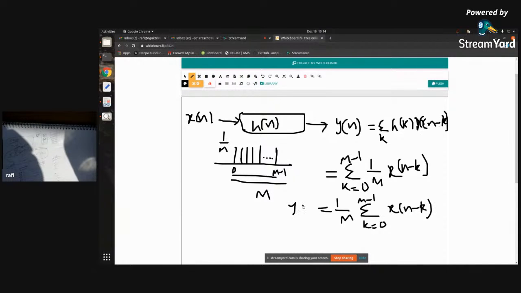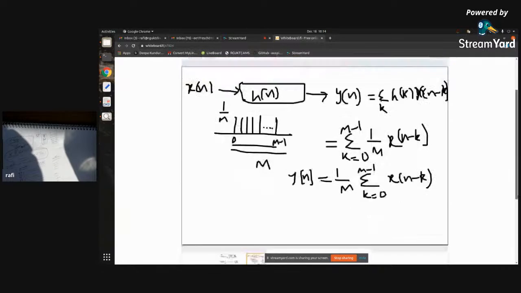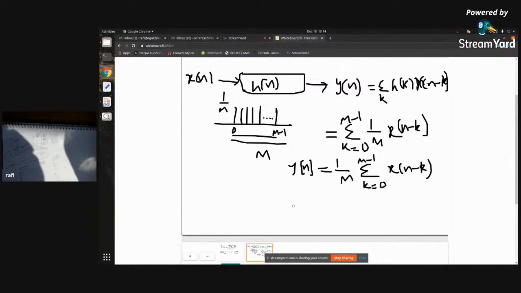What is this y of n? When you expand this, the 1 by m is a constant, so it will be outside. When k is equal to 0, this is x of n, plus when k is equal to 1, this is x of n minus 1, and so on.